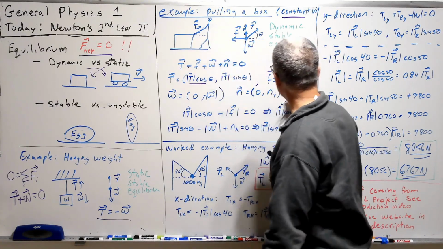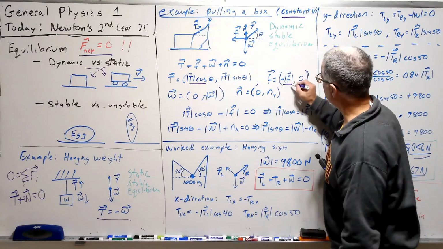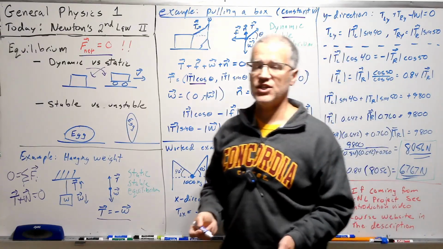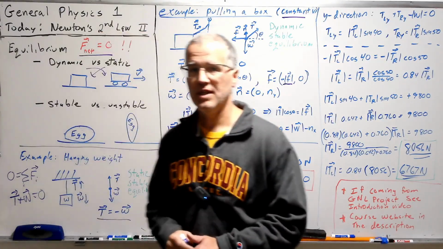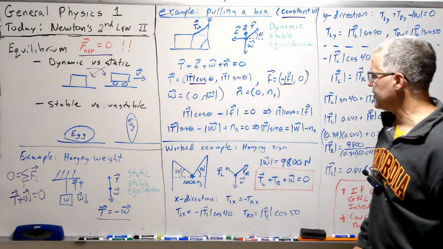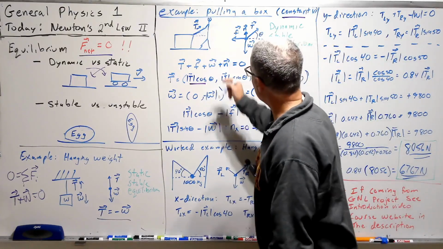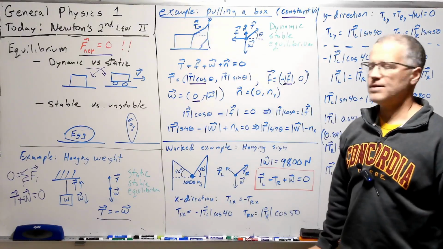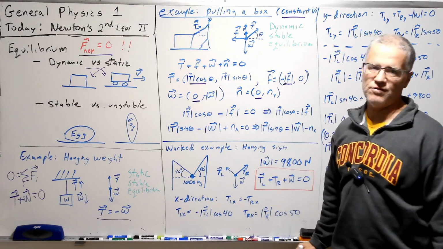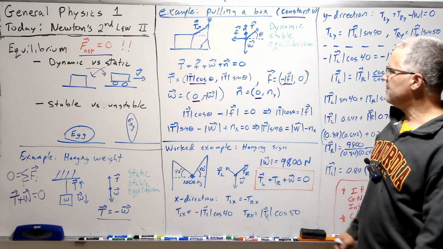So that's going to be negative, and then whatever the magnitude of that friction is. And as of yet, we haven't learned how to calculate friction. We'll do that very soon. So we just know there's a frictional force here. And then the weight force has no x component, nor does the normal force. Those are both in the vertical direction.